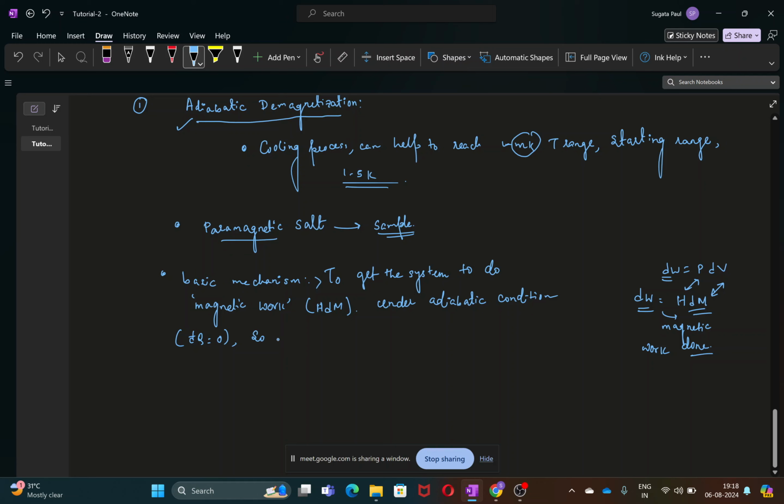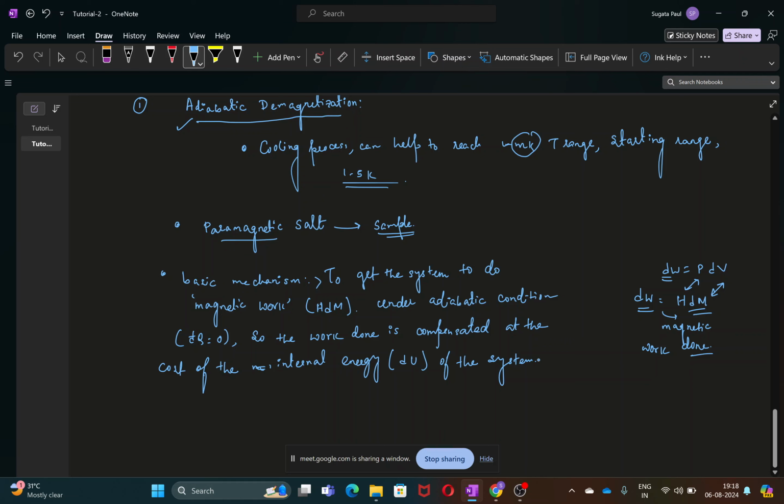And so the work done is compensated at the cost of the internal energy of the system, which is the change in internal energy, in this case dU, of the system.